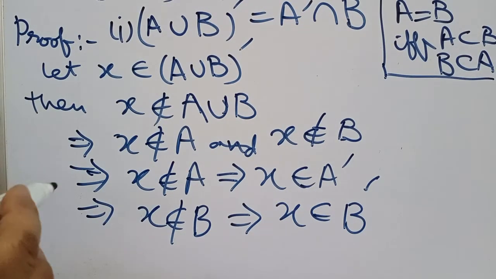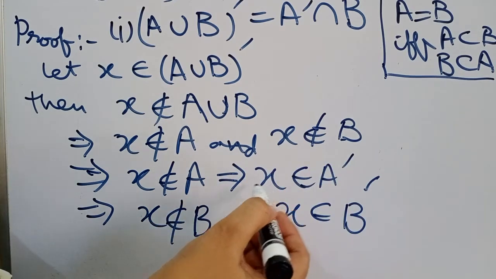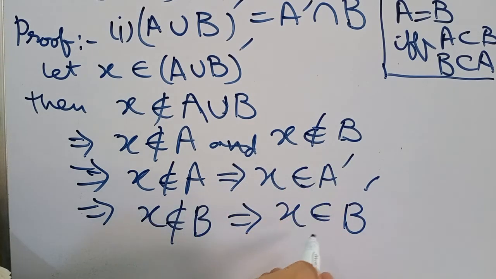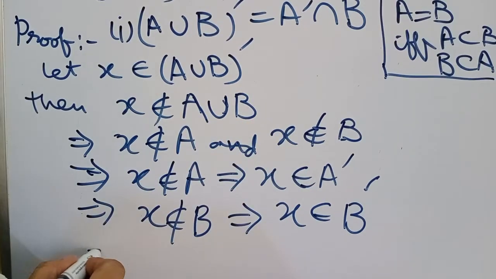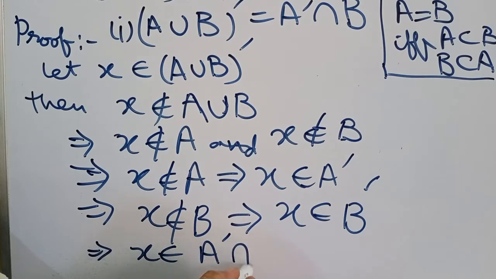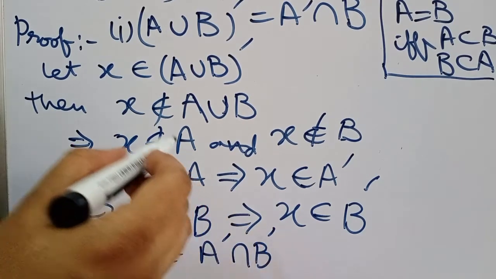And also, since x belongs to A complement and x belongs to B complement, a single element belonging to both sets definitely belongs to their intersection. So x belongs to A complement intersection B complement.